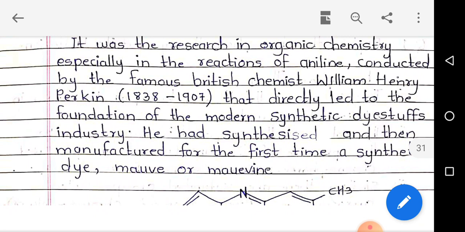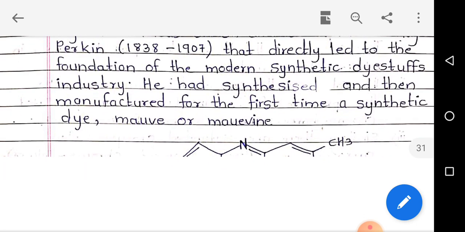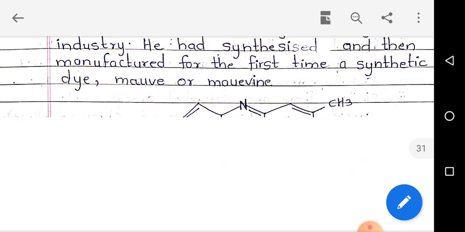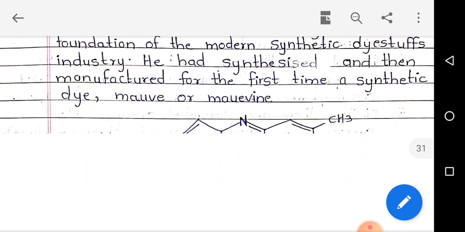He synthesized and then manufactured for the first time a synthetic dye, mauve or mauveine. The structure is given here for the mauveine. This is the first synthetic dye, and from then onwards continuous developments took place in the field of dyes. Now a lot of continuous developments are going on.